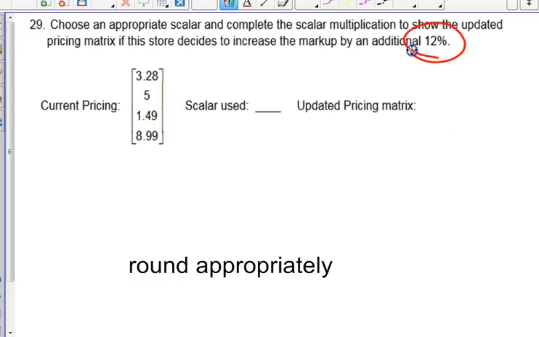To grow something 12% would be all plus 12%, or 1.12.